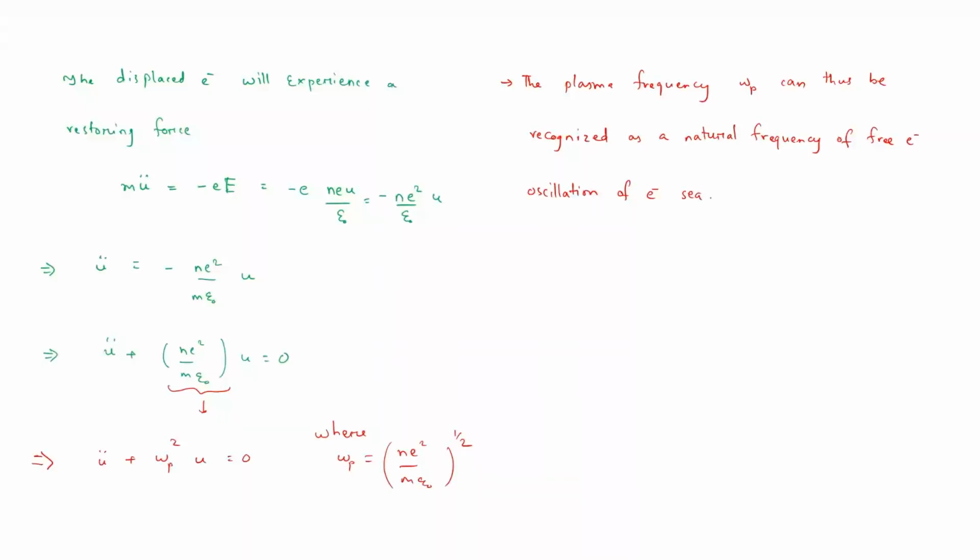So we note that all the electrons are moving in phase here, and this corresponds to k equal to 0, and the quanta of these oscillations are called plasmons.